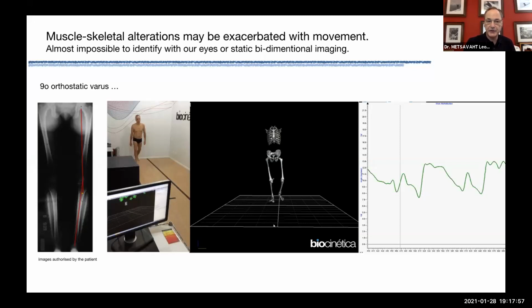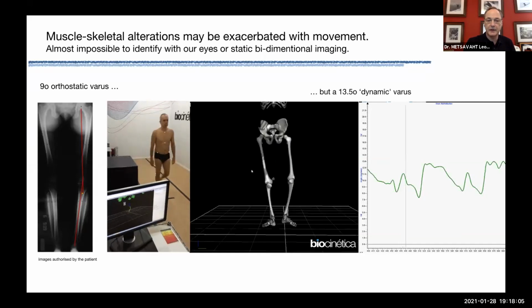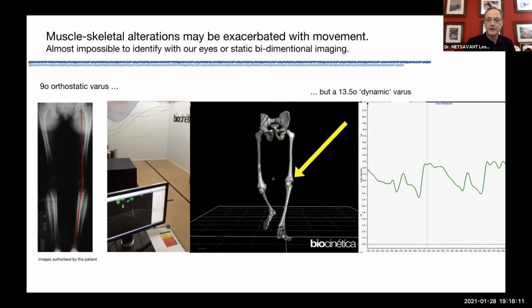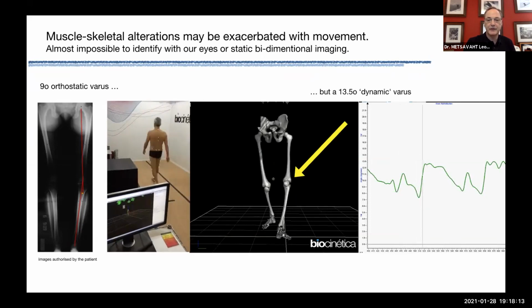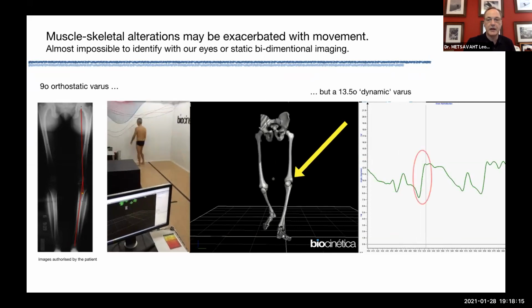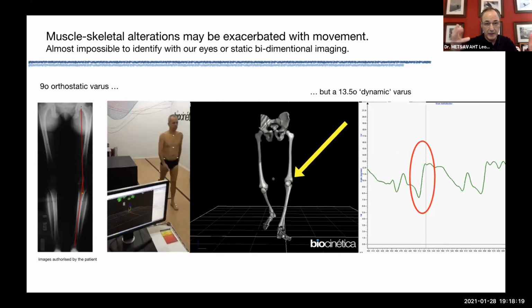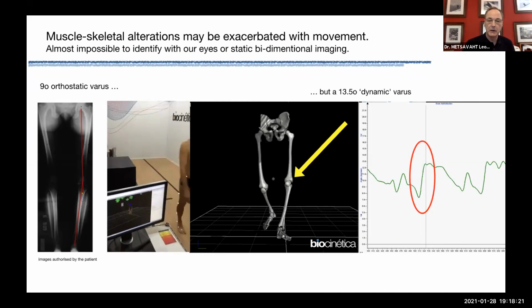For example, this patient over here had a 9 degrees varus, okay? But when we start analyzing in 3D, if you see that graph on the right side, you're going to see that his varus goes all the way to 13.5 degrees of, let's say, dynamic varus.